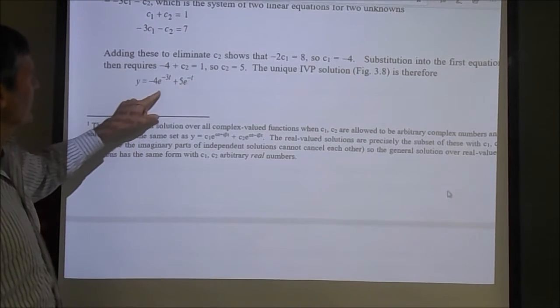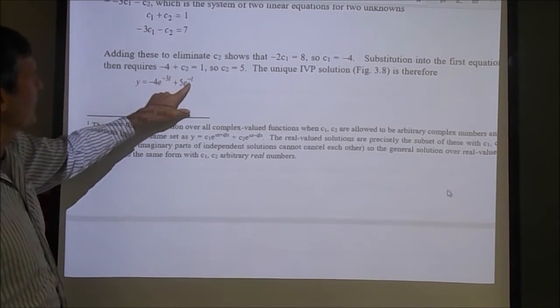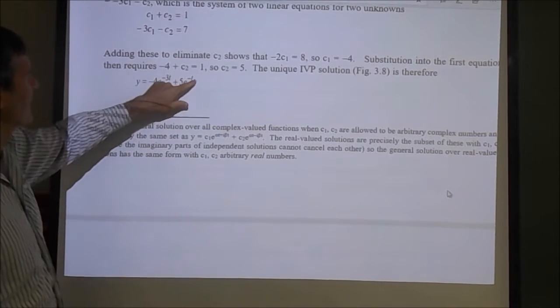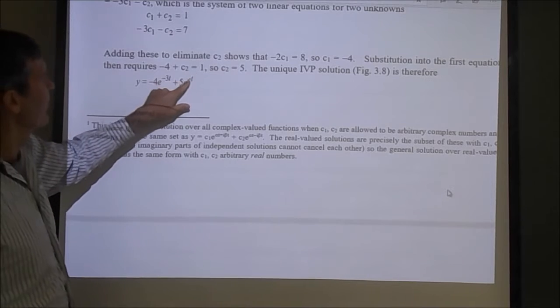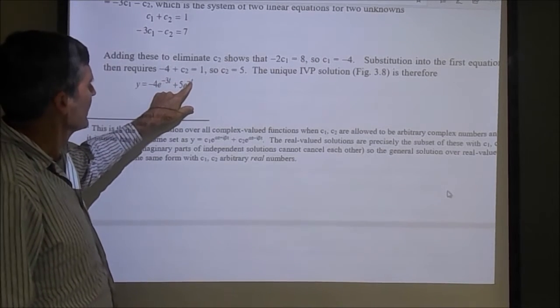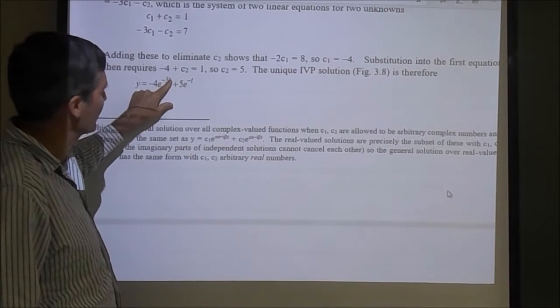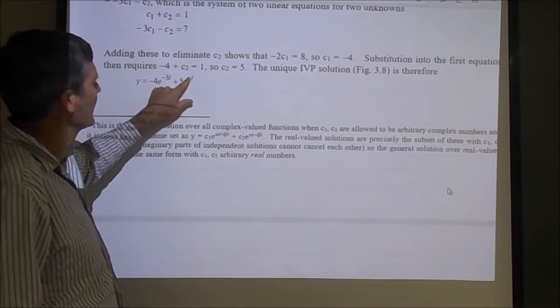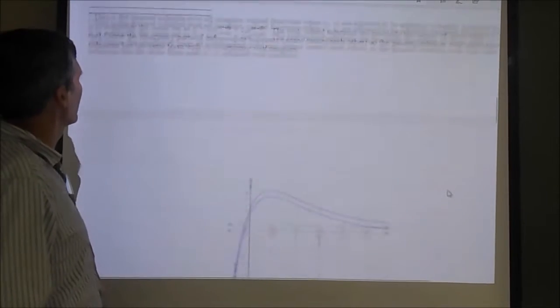If you draw what this looks like, you notice these are both decaying exponentials, but one's positive and one's negative. The one with the less negative exponent decays slower, right? E to a very negative number times t decays faster than e to a less negative number times t.